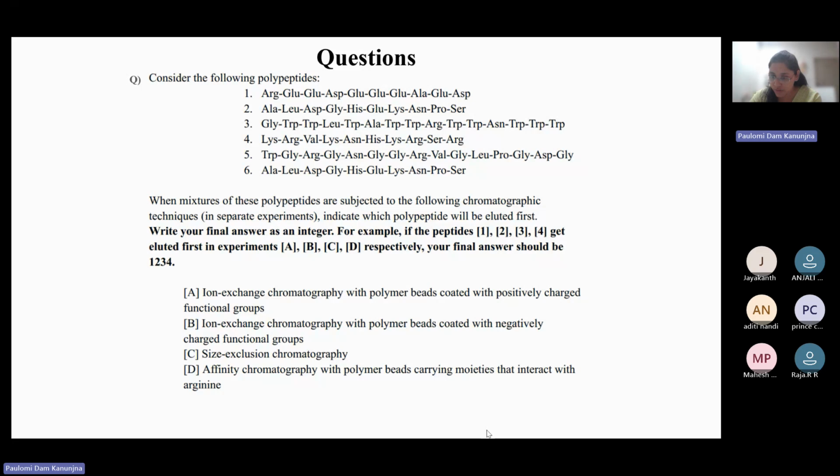Okay, 6, 5, 3. All right. So I have a different set of answers. 6153, 4136. I see someone typing, so I'll come back and check the answers.